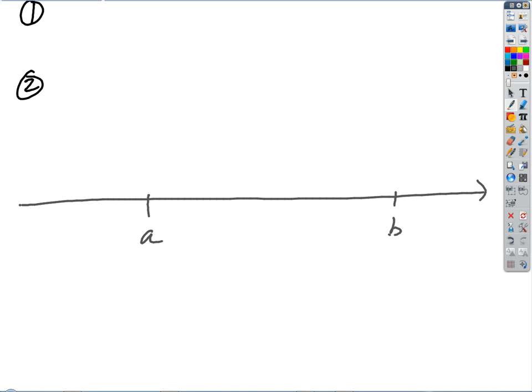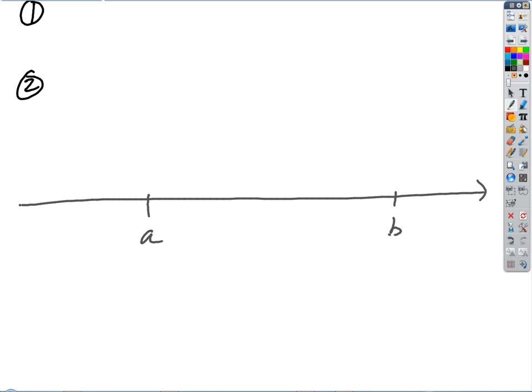Okay, well, the function exists, true. Assuming that has to be true, doesn't it? It has to exist for every point where? In between A and B. Okay, greater than A or less than B, okay. What else has to be true? So it has to exist everywhere.